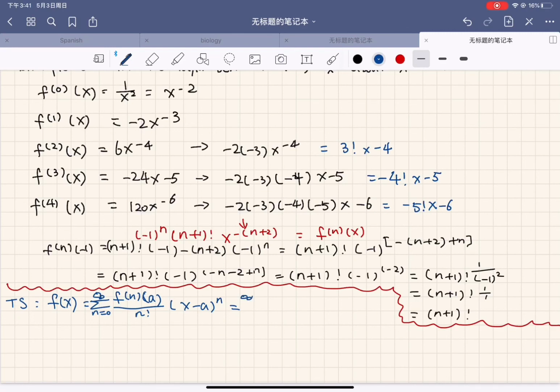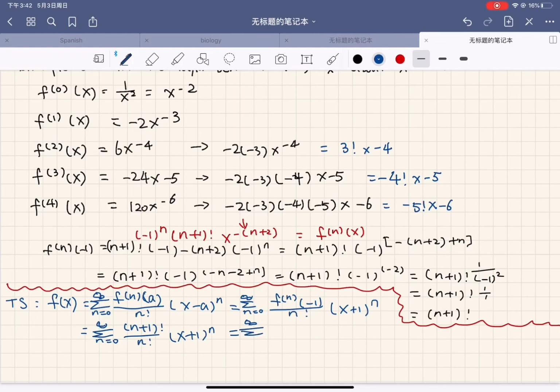Now we can substitute our answers back into the formula, which equals the sum from n equals 0 to infinity of f to the n at -1, where we substitute a, over n factorial times (x plus 1) to the power of n. And then we can write it as (n plus 1) factorial over n factorial times (x plus 1) to the power of n.